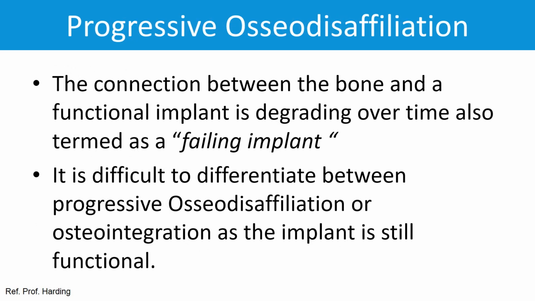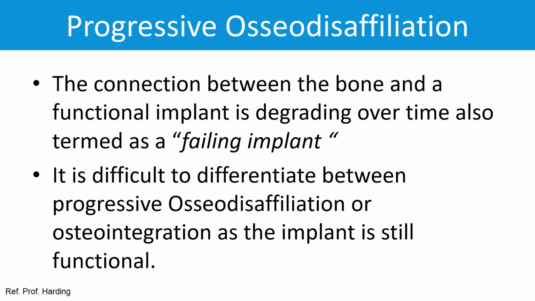Now, progressive osteodisaffiliation. This is where the contact between the bone and the functional implant is degrading over time. And in the past, this was also termed a failing or ailing implant.